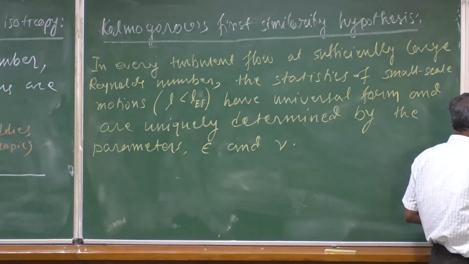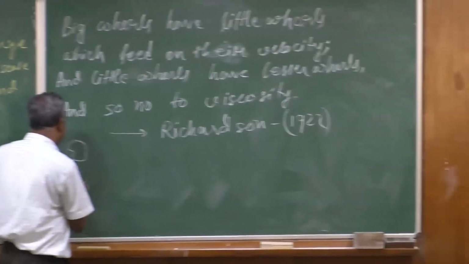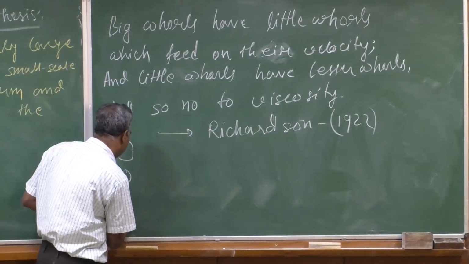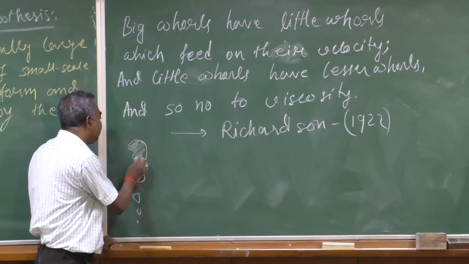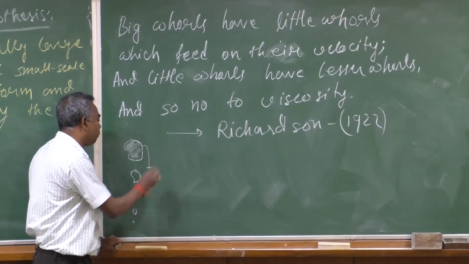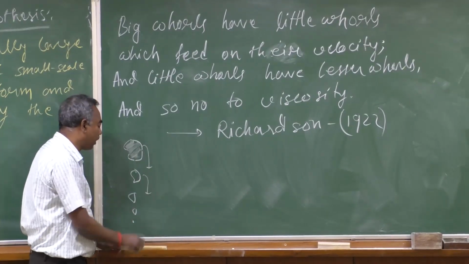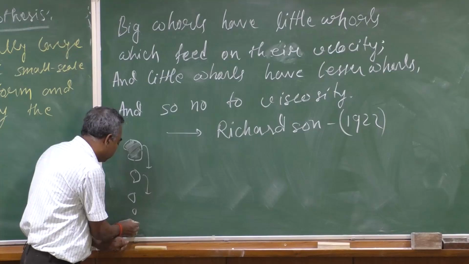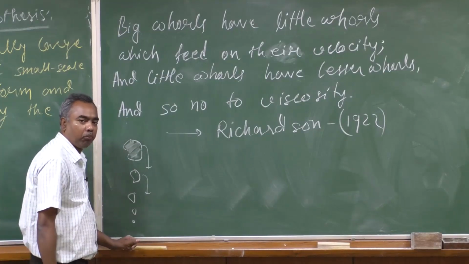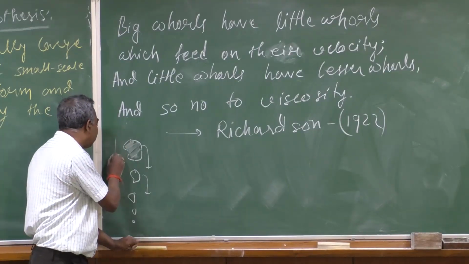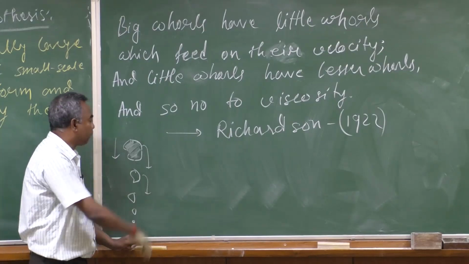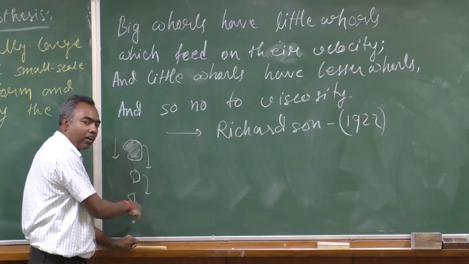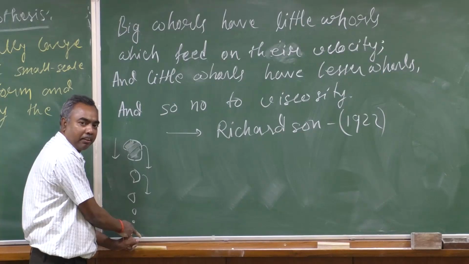So, Richardson idea says that this bigger eddy breaks into smaller and smaller ones. So, energy is getting transferred from this big eddy to smaller one, this smaller one to even smaller and so on, right. There are two important things here. One, the energy transfer rate. That means at the rate energy is transferring, at the same rate dissipation is happening, right.